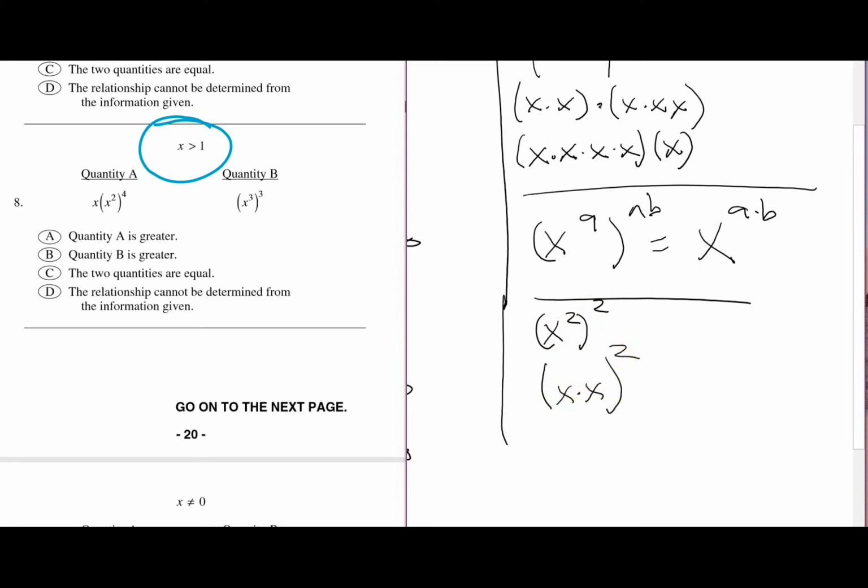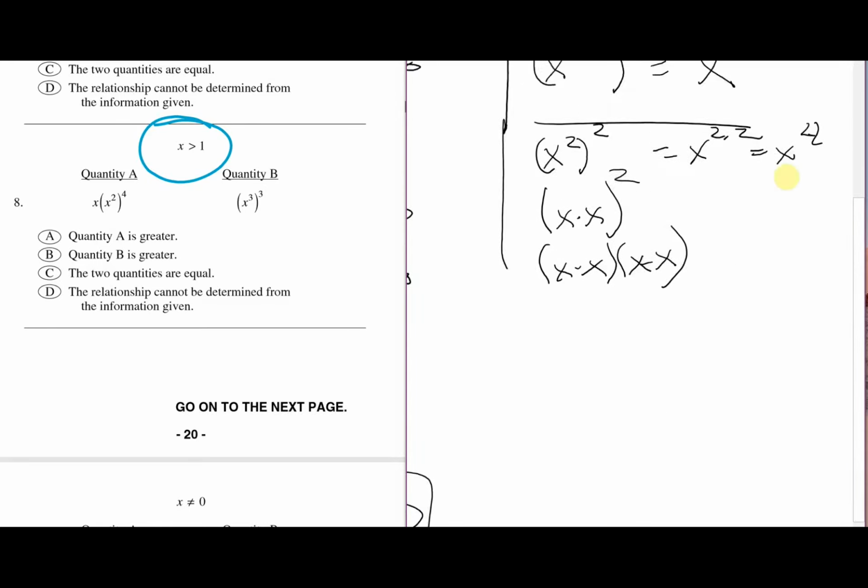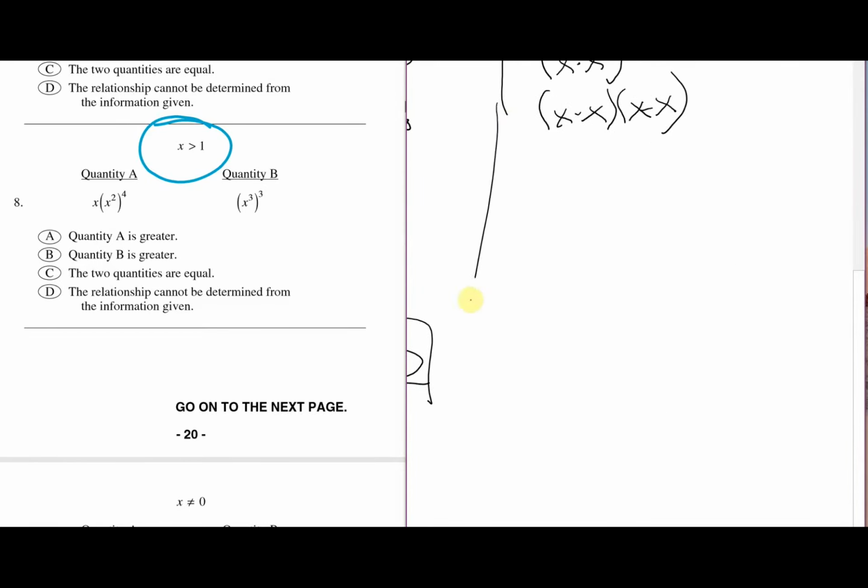Well, now you're just doing this twice. So now you're just doing 2 times 2. That's why you get x to the 2 times 2, which is x to the 4. It gets more complex when you add larger numbers. But these are the 2 key definitions that you need to know when you're solving this problem.